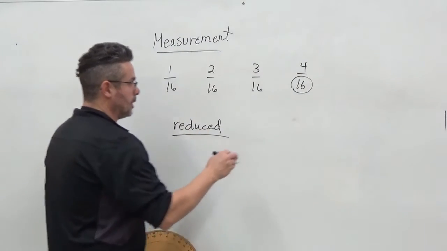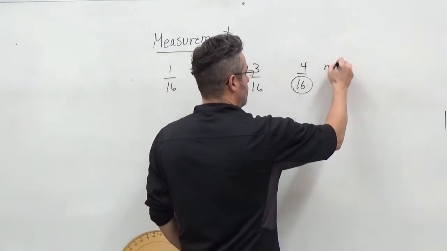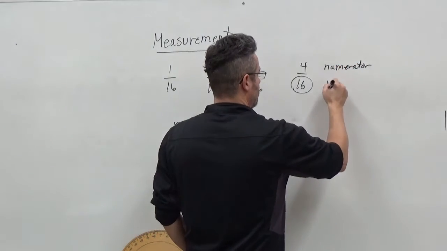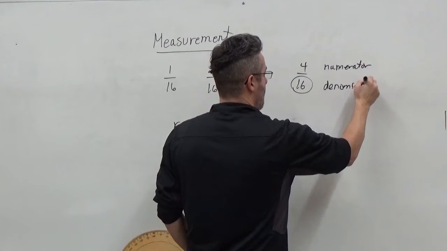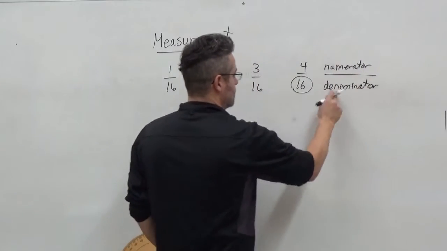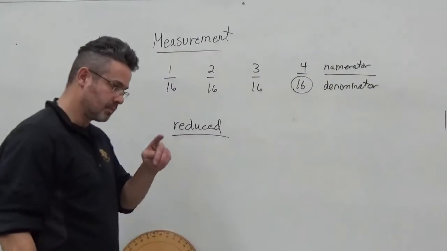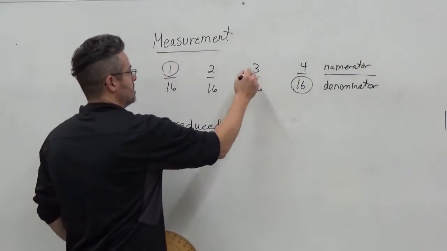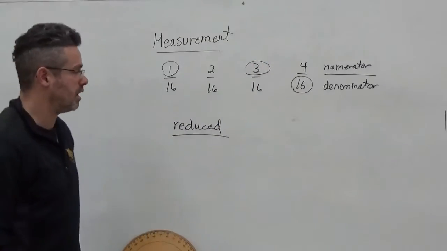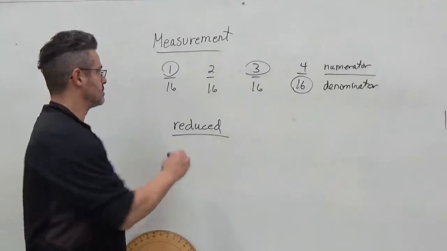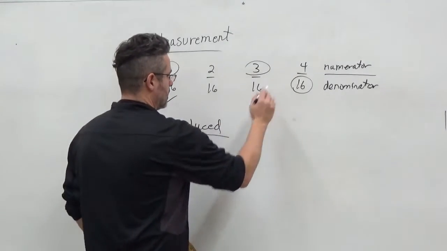One thing that you're going to notice, we call the top a numerator and the bottom a denominator. Okay, so the bottom part of the fraction, denominator, the top part, numerator. Now, when you're talking about reducing, every time you see an odd number on top, your numerator is odd, it's reduced. You don't have to do anything else.